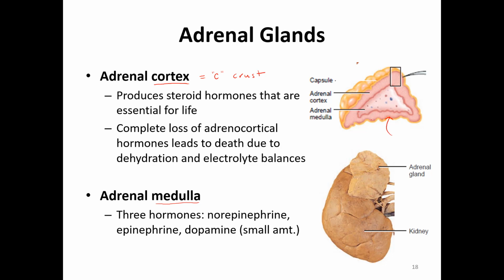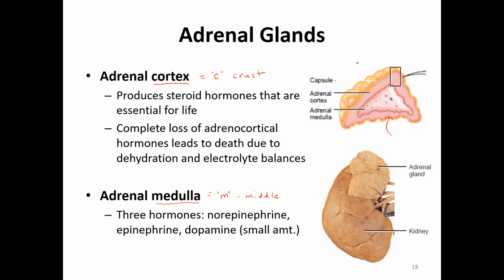Okay, so the adrenal cortex is the region that is going to be kind of on the perimeter or to the outside. The adrenal medulla begins with the letter M, and we can use the M for middle. And this is going to be the more centralized portion of a structure.